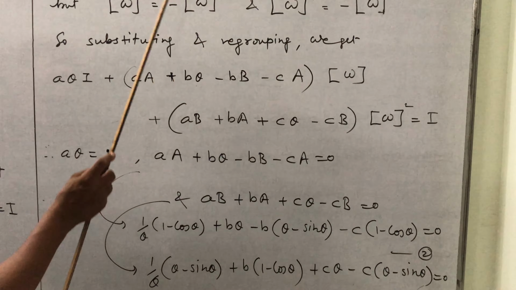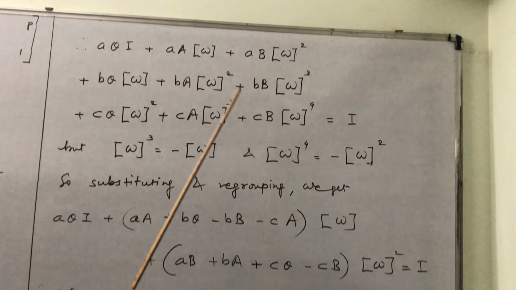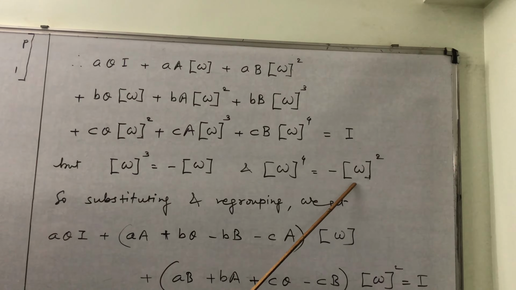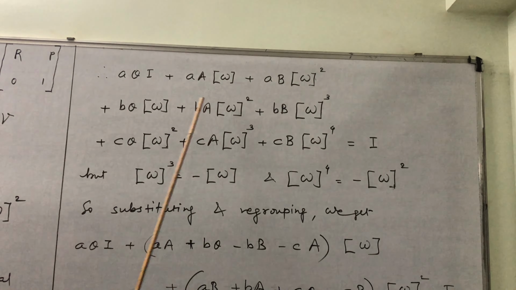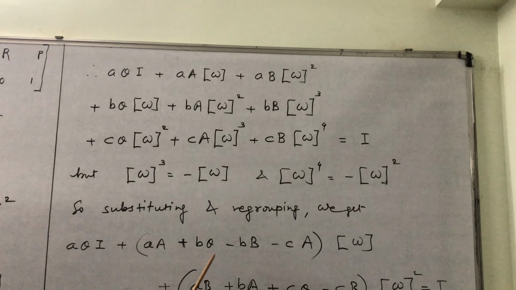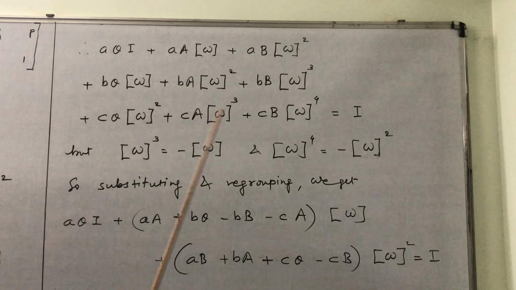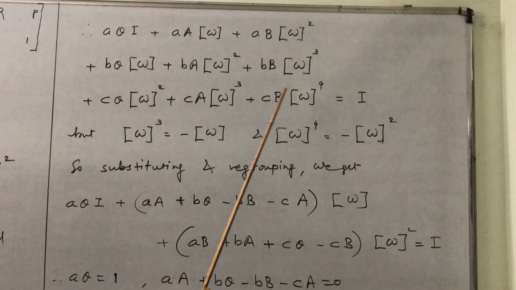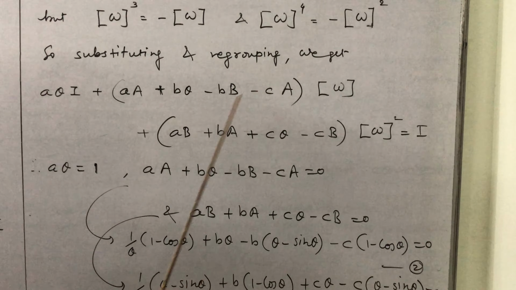And for omega square: aB plus bA plus c theta, and c B omega raised to 4 is minus omega square, so minus cB into omega square is I. So this plus this is I.